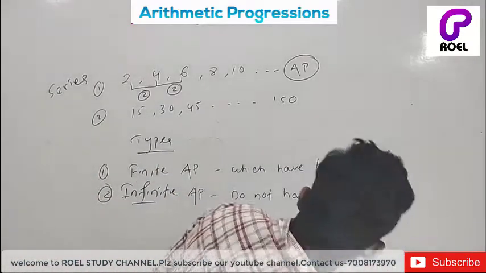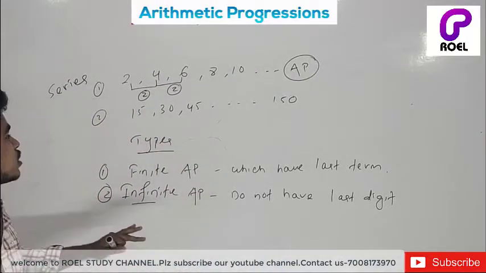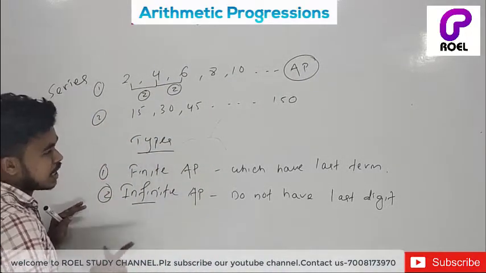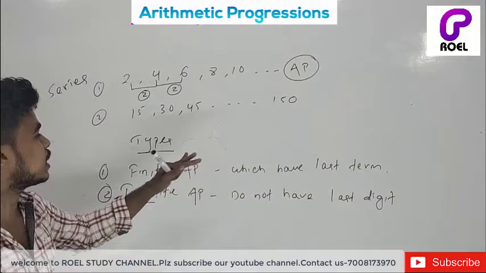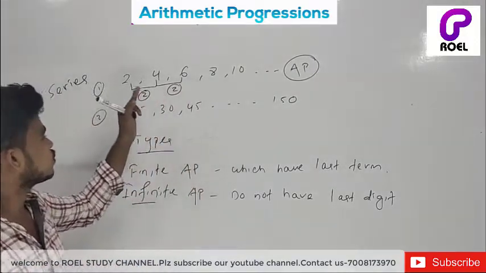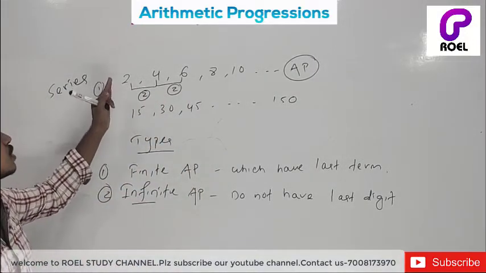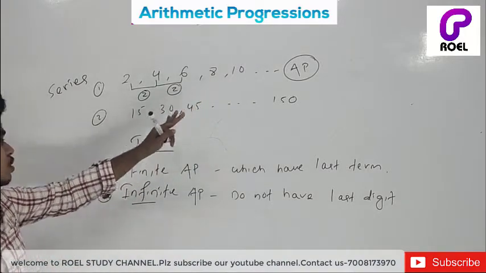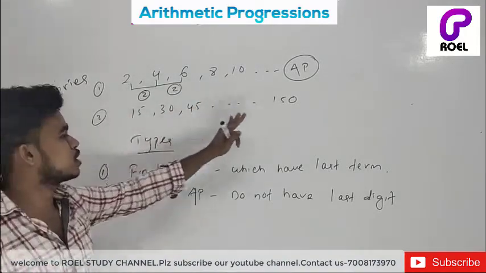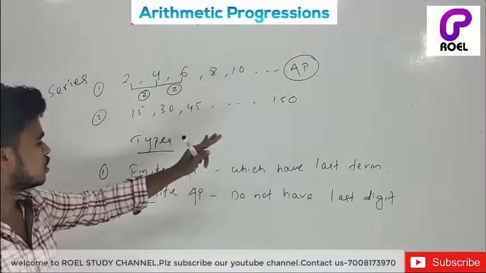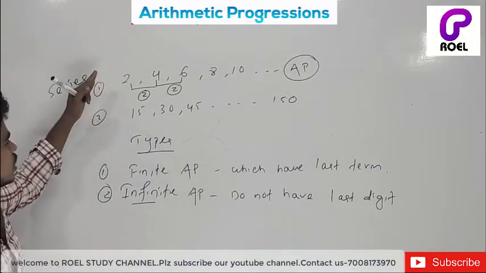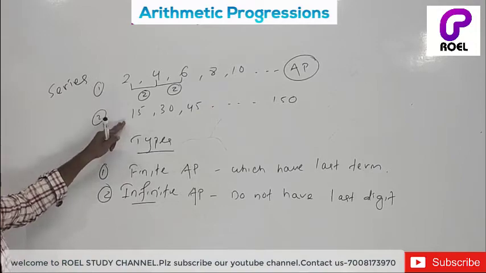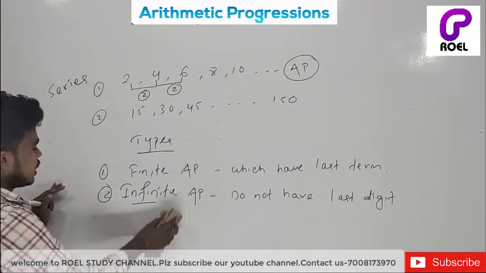Okay, this was just the introduction part: what AP means and what the types of AP are. Series 1 has a first term and common difference but does not have a last term, but series 2 has a last term. That's why this is infinite AP, this is finite AP.